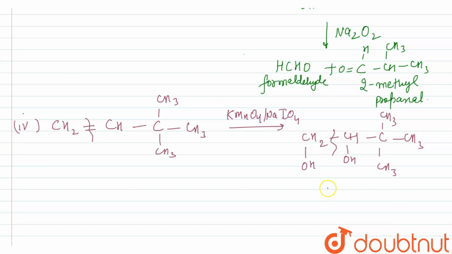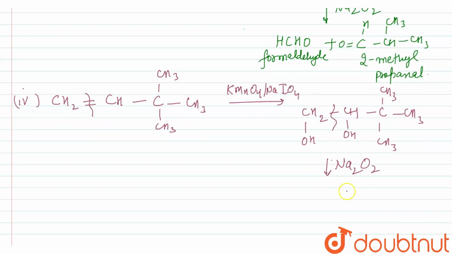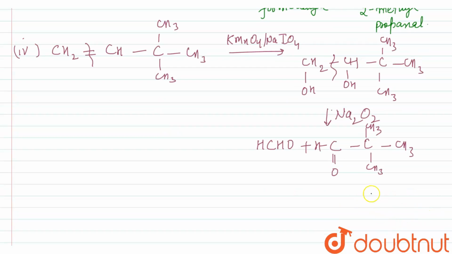Again, this bond will break and 2 carbonyl compounds will be formed with Na2O2. There is again 1 carbon, so this will be HCHO, and the other carbon will have an aldehyde group. This compound is 2,2-dimethyl propanal, and this is again formaldehyde. So these two compounds are not required as the products.